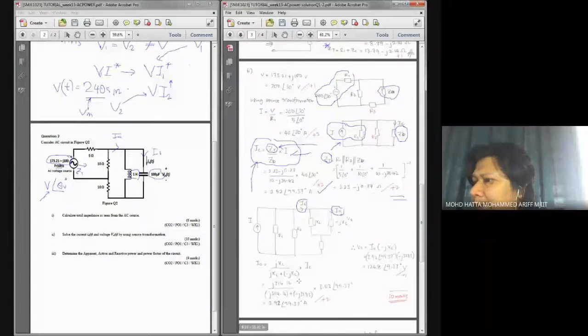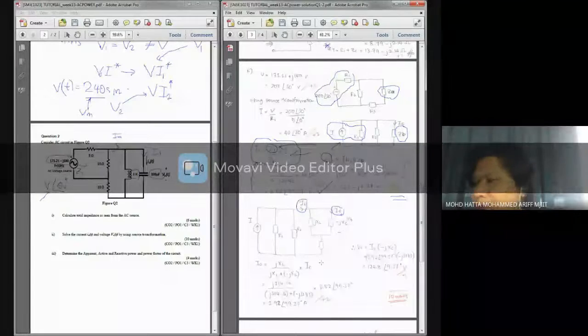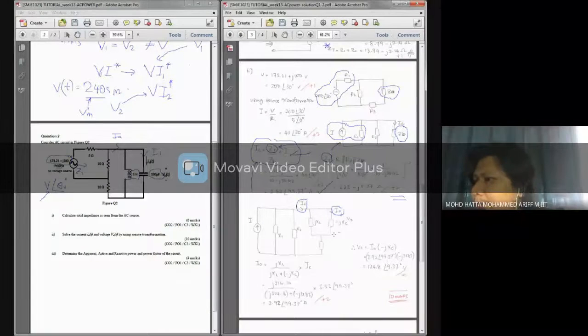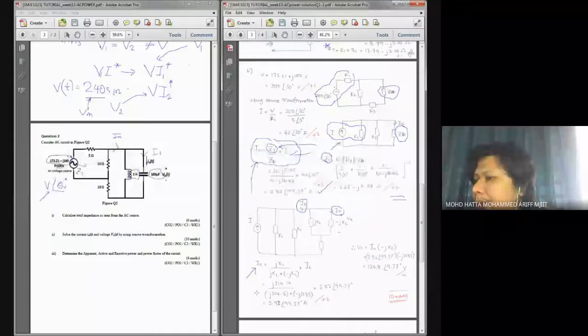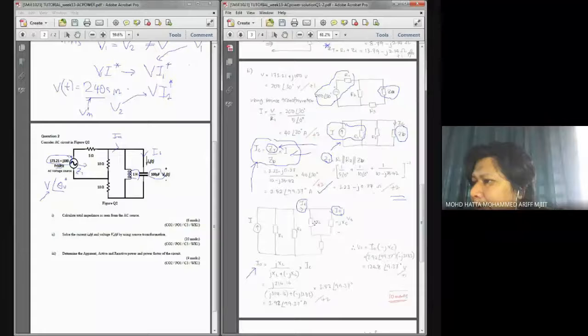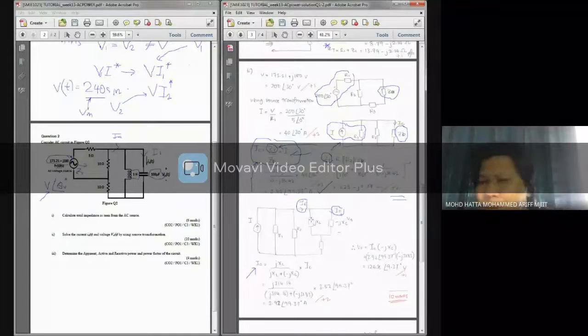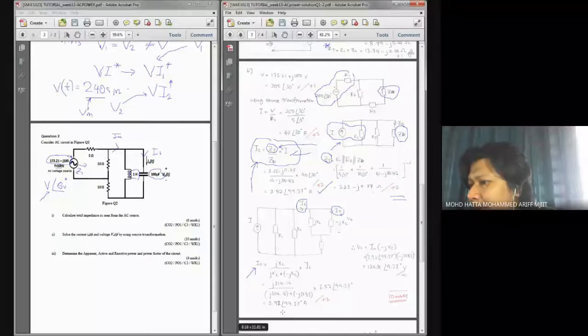So that's why I will use the current divider rule, and since I have two parallel connected elements, I can use a simple current divider equation, where if I try to find the current over here, I will consider this value divided by the summation of both values times the current coming before the branches. So this is how I find IO, and I get my IO as this value, 3.92.